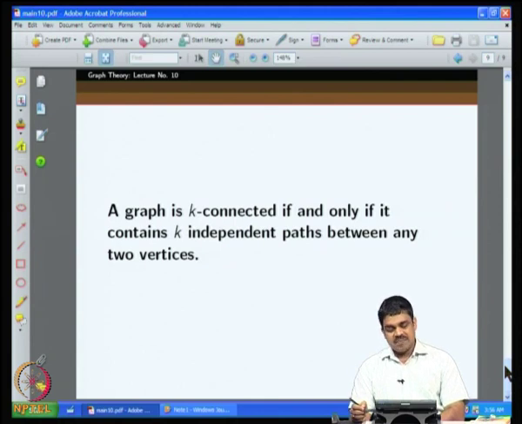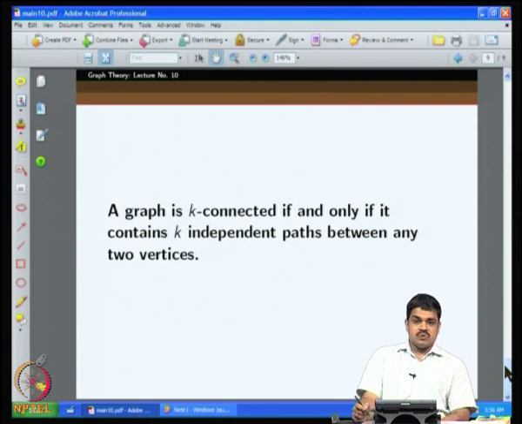That is, K disjoint paths between any two vertices.